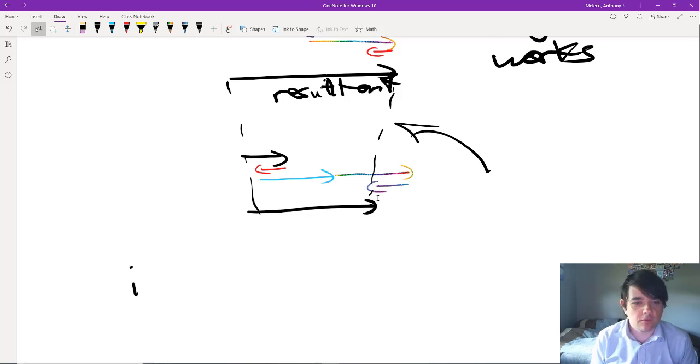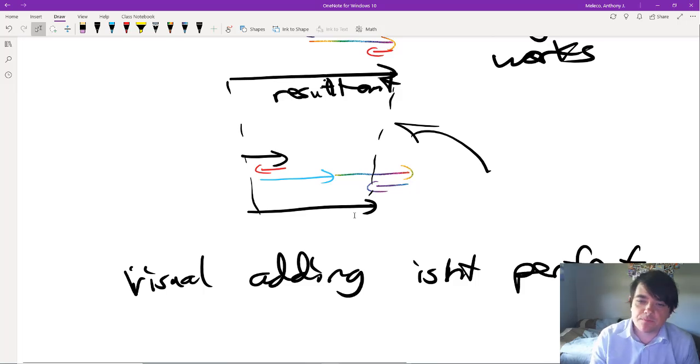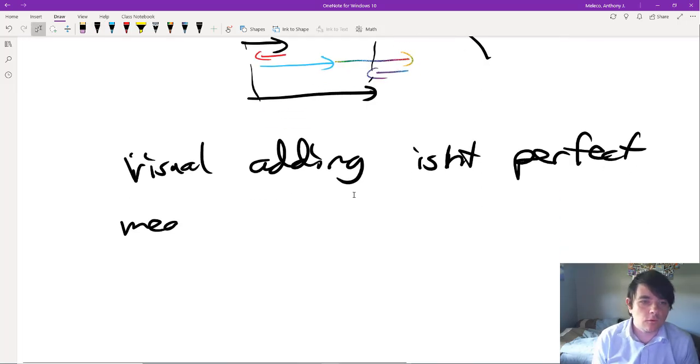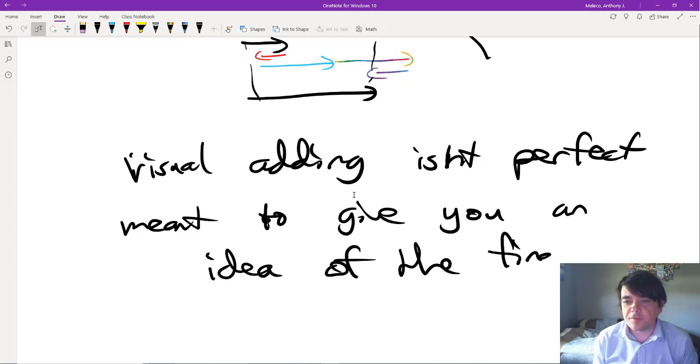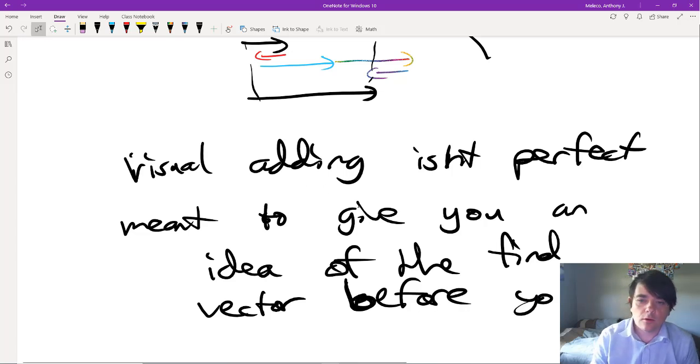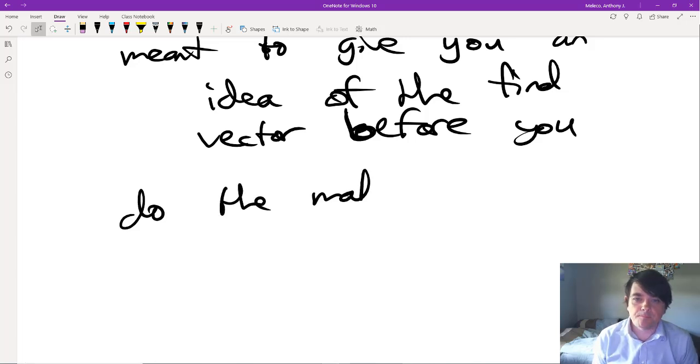It's not perfect. So visual adding isn't perfect. It's really just meant to give you an idea of the final vector before you do the math. Okay?